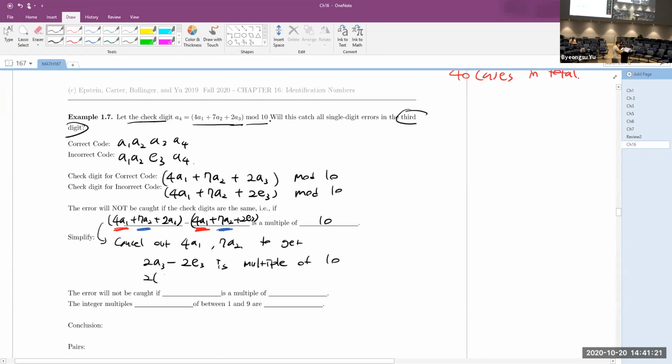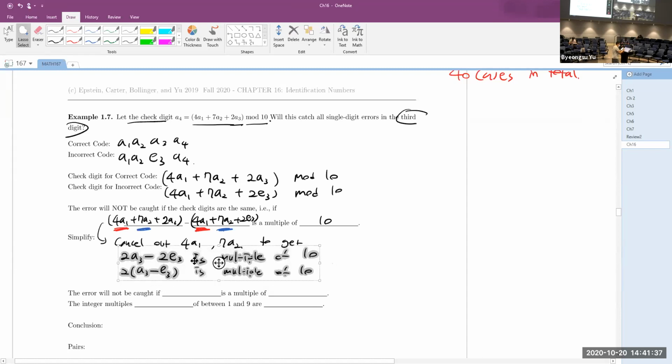This is the same as 2 times (A3 minus E3) is a multiple of 10. Dividing both sides by 2, we get A3 minus E3 is a multiple of 5.